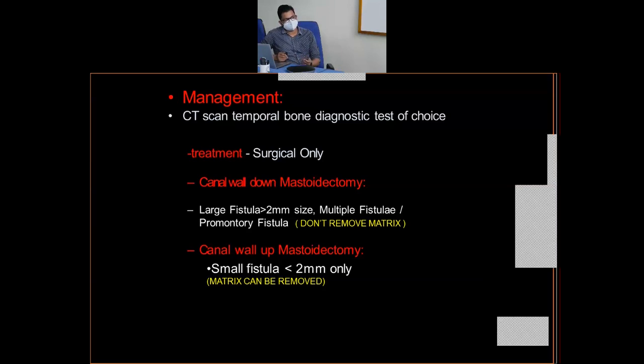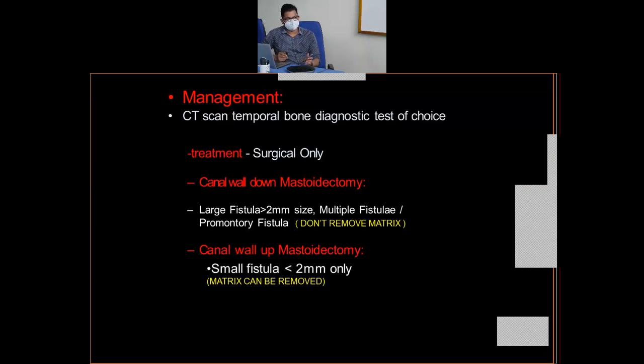Treatment is surgical. When the fistula is small, less than 2 millimeters, you go through the mastoid antrum. You do a canal wall up mastoidectomy, meaning you don't remove the posterior canal wall. You just do mastoidectomy, reach the middle ear cavity, and close the fistula with some substance.